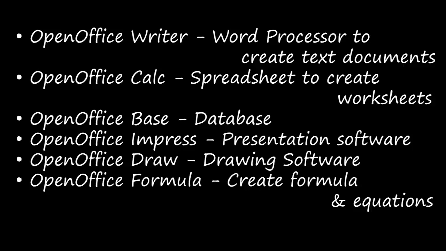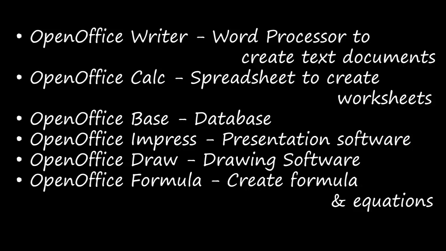Other than this, we have some more options: spreadsheet, presentation, drawing, database, formulas, templates, likewise. So many options will be there when you open this Apache OpenOffice, right? This stores all the data in an international open standard form, and we can also read and write the files for common office packages, right?